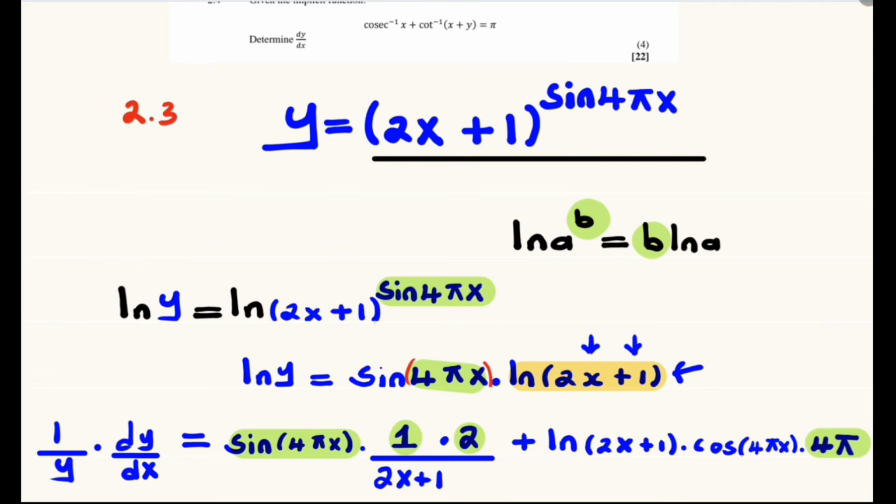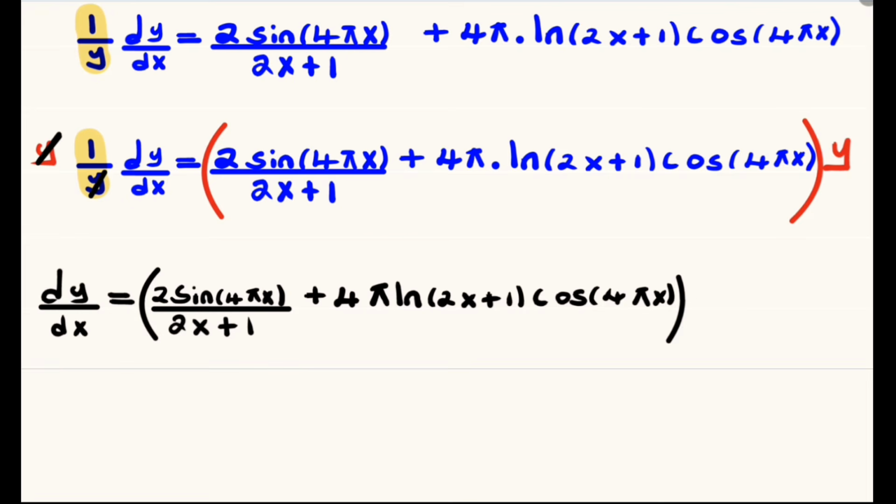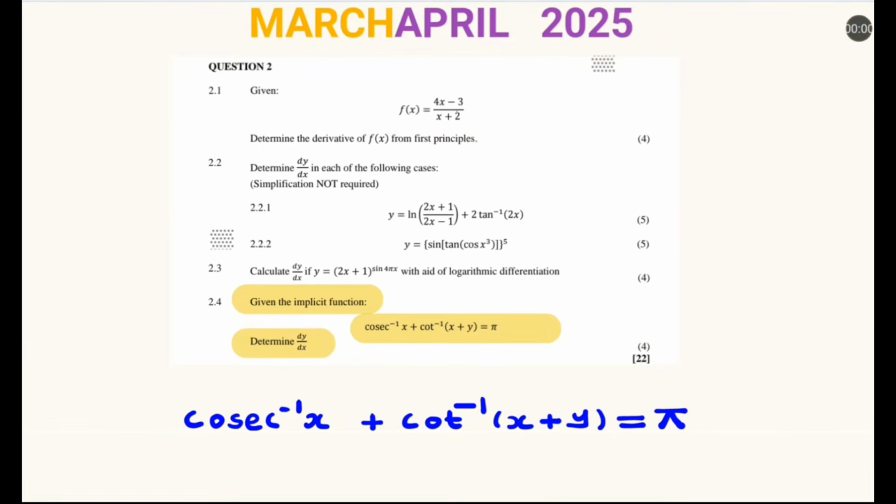So we have 2x plus 1 raised to the power sine 4 pi x as our y. So in the place of the y, we substitute 2x plus 1 raised to the power sine 4 pi x. And this will be our derivative using logarithmic laws.